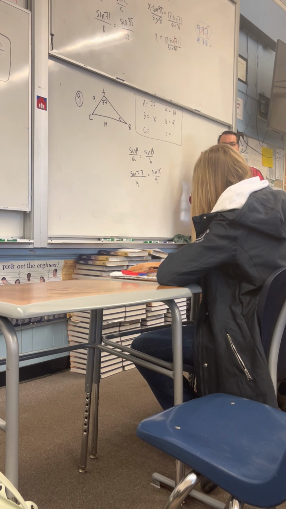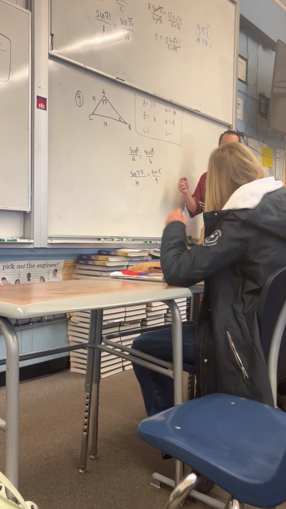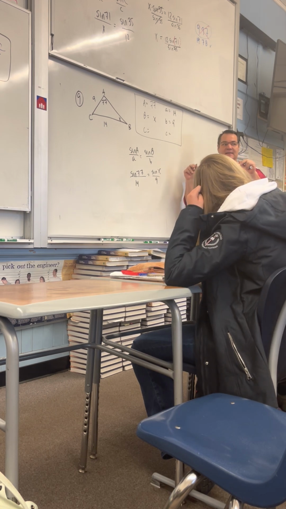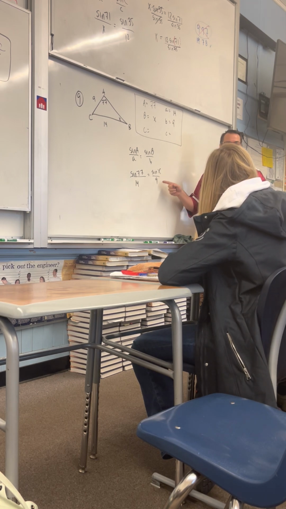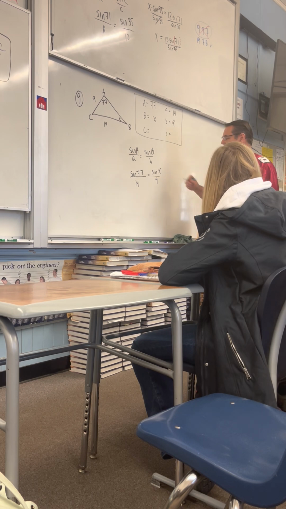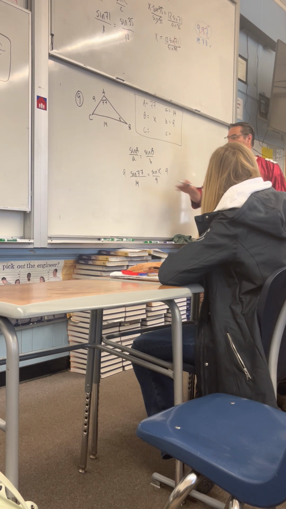There's two things being done to x right now. What are they? Sine of x, and we're dividing by 9. Can we get rid of the dividing by 9 now? Multiply by 9. So instead of cross multiplying, I'd say just multiply by 9. Saves you a step. Could you cross multiply and then divide by 14? Yeah.